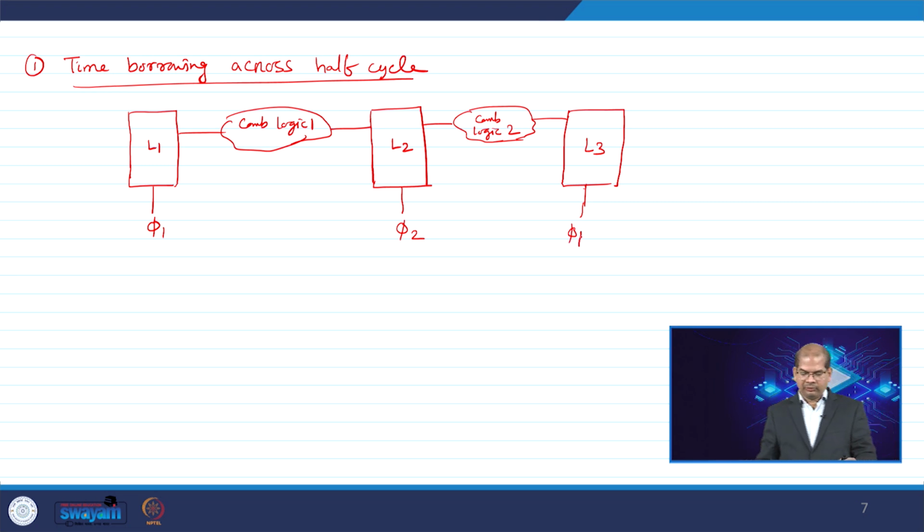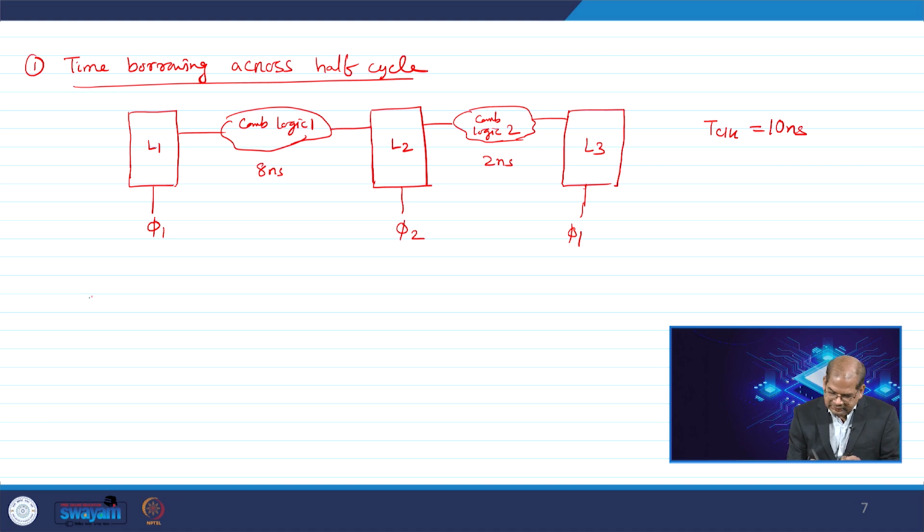Okay. So, now we assume that the delay of this combinational logic is 8 nanosecond and this is 2 nanosecond, and my time period, T clock, is 10 nanosecond. So, let us draw the timing diagram and check how much time borrowing is there.